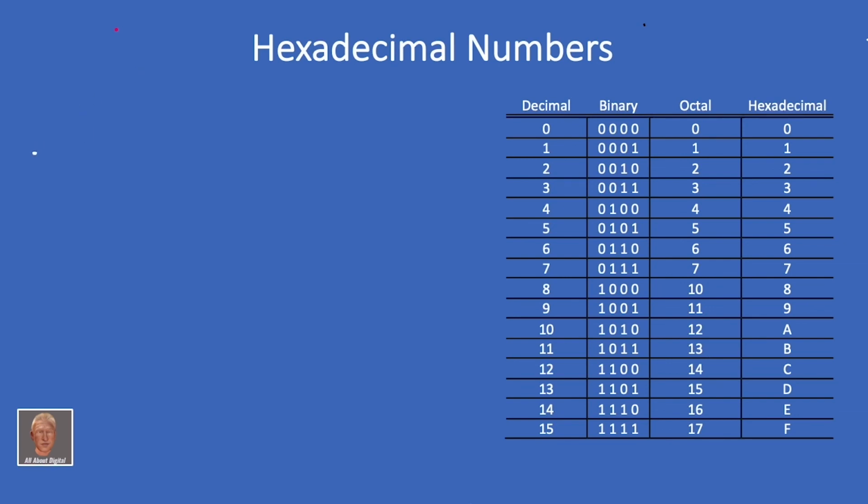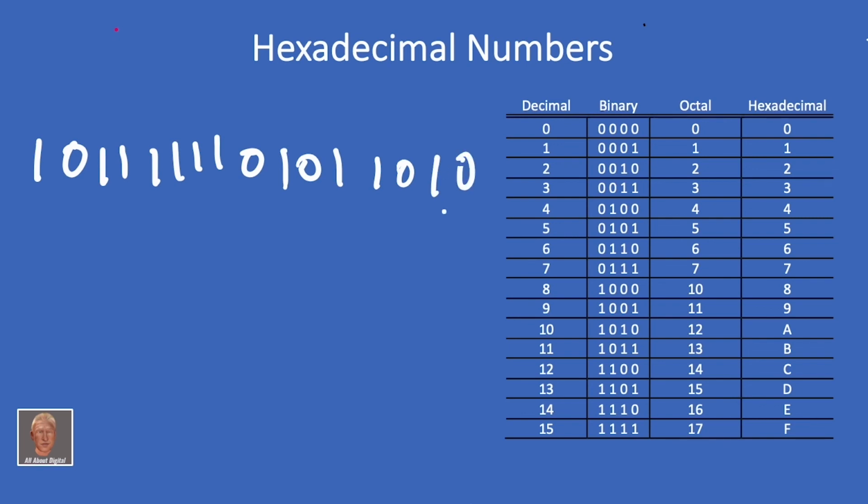Here is the binary number. I'm just making this up. 1011, 1111, 0101, 1010. This is the binary number that we want to convert to hexadecimal.